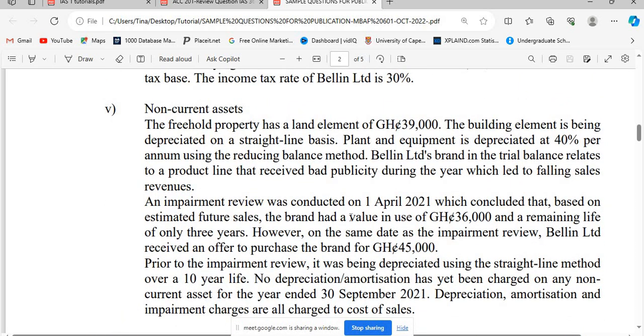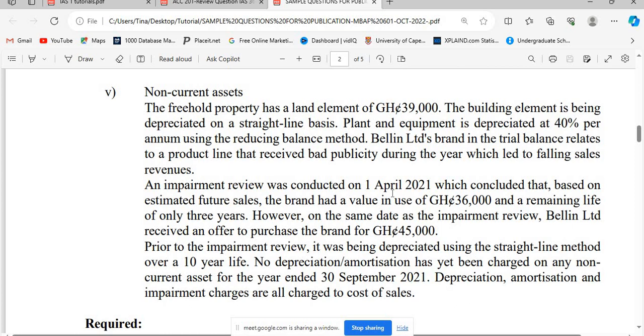So the last one, the non-current assets. The freehold property has a land element of 39,000. The building element is being depreciated on a straight line basis. Plant and equipment is depreciated at 40% per annum using the reducing balance method. Berlin Limited's brand in the trial balance relates to a product line that received bad publicity during the year, which led to falling sales revenue.